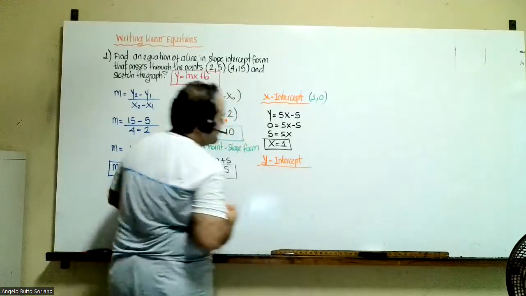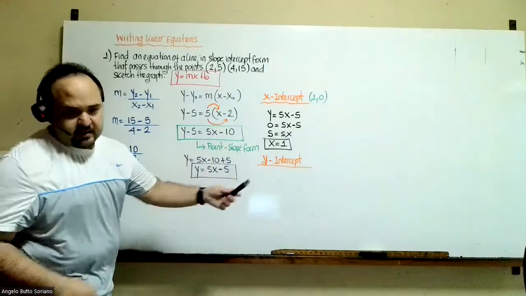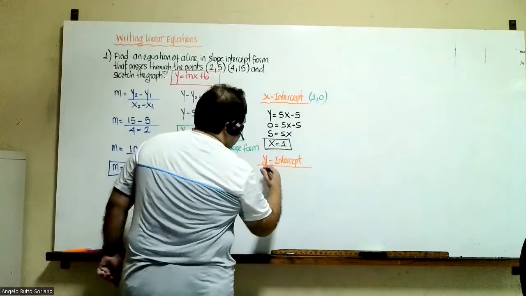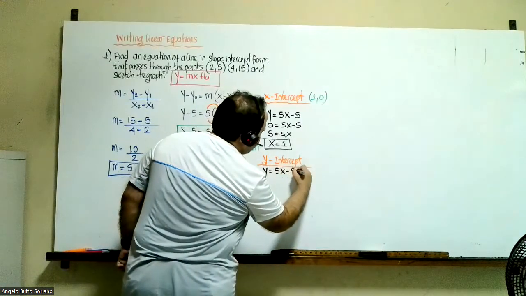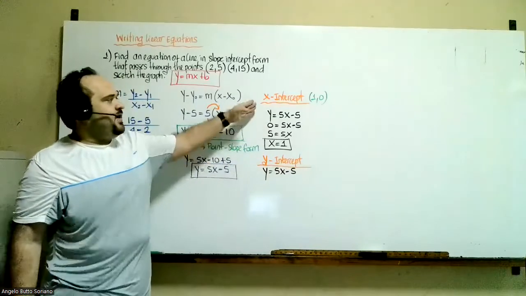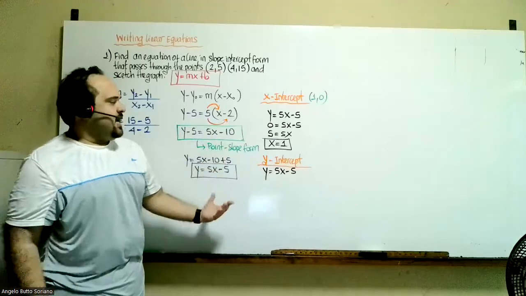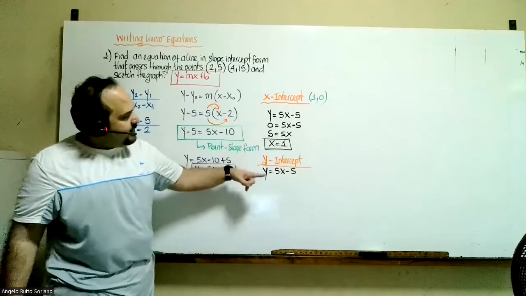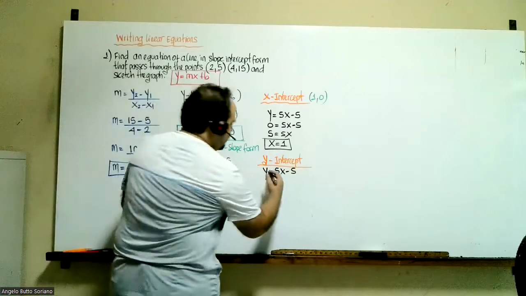In the y-intercept, we copy the equation once again: y equals 5x minus 5, and we do the opposite. To find the x-intercept, we changed y by 0. Now we replace the letter x by 0 and calculate y.